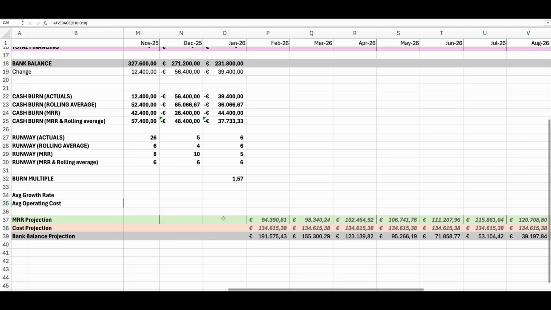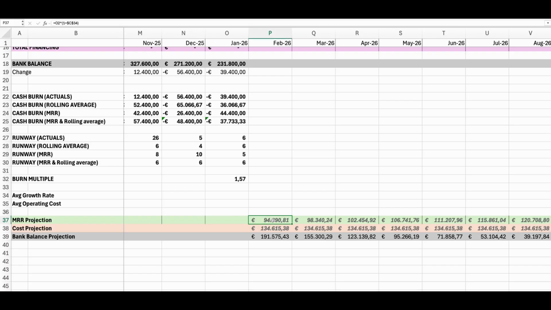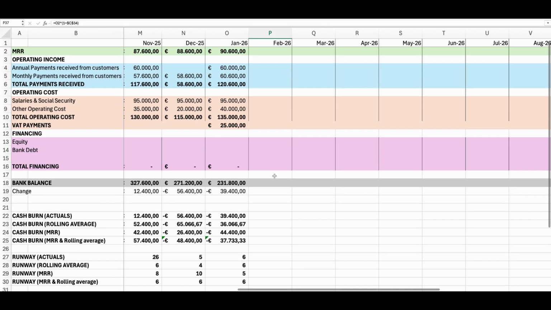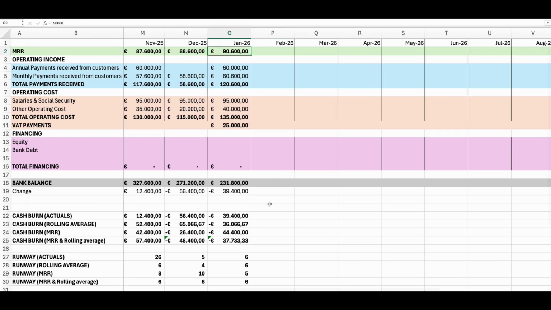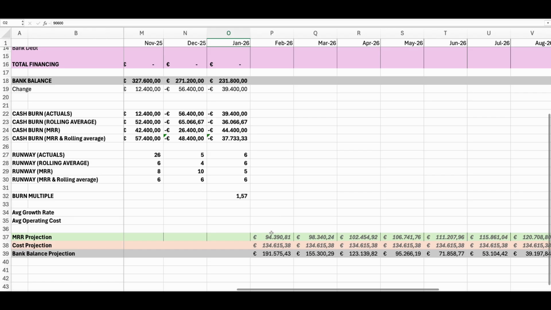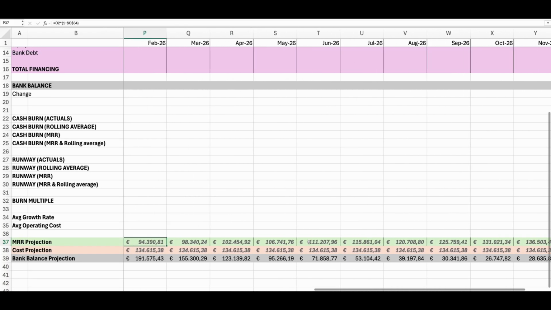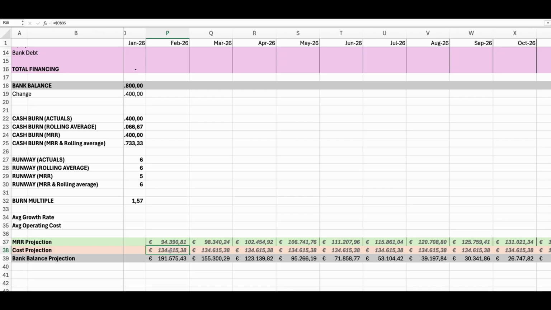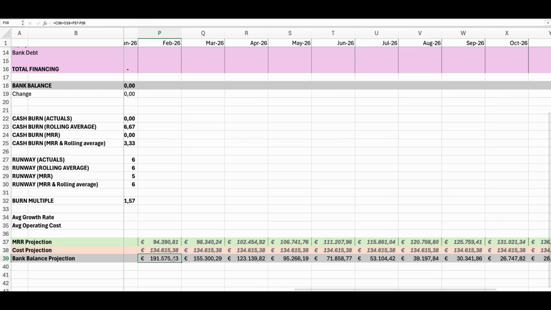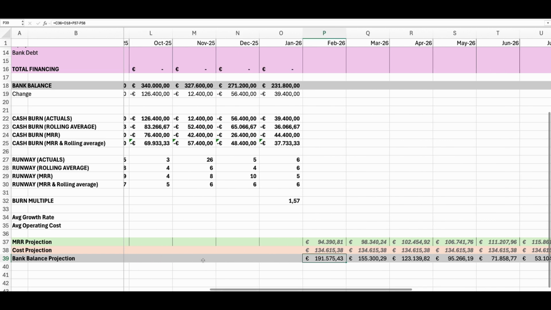So next, I'm projecting out my MRR using this growth rate. We're starting here at 90,600 with a 4% growth rate. We should have 94,390, etc. So we're getting MRR growth over time, and for my cost projection, I'm just using the average cost here, and then we're using our bank balance.